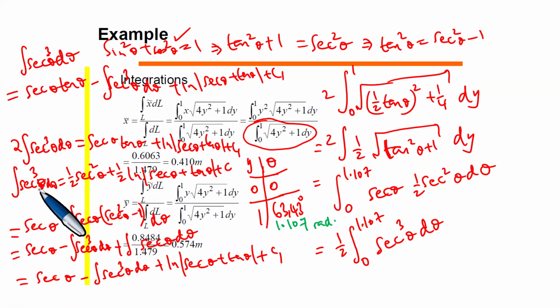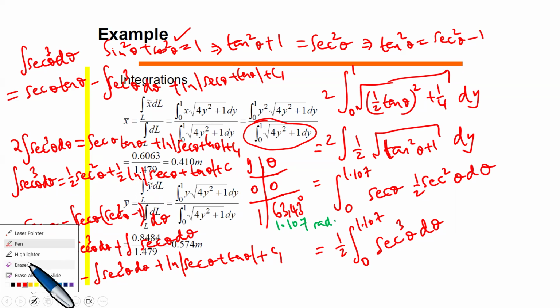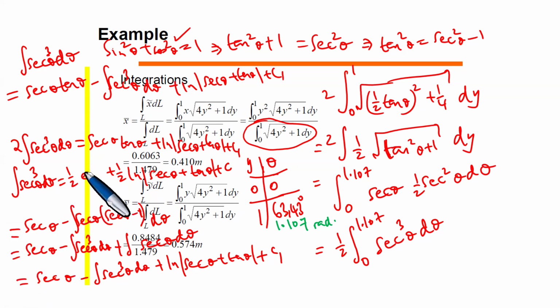So you divide by 2, and it becomes 1/2. This one is sec tan, like we're saying. I'm wondering why it became a square there, but it becomes sec tan.